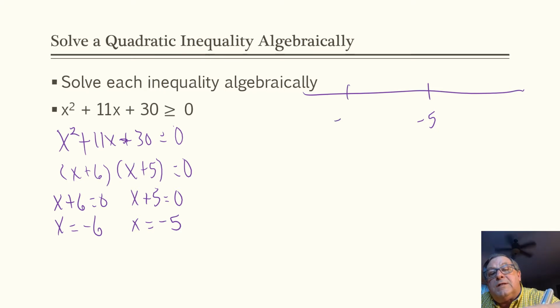We got -6 right here. And these actually are going to be closed dots because it is a greater than or equal to. That might give you a clue of what's getting ready to happen. All right, so let's do some testing. Let's use a test point. Let's say -7 right here.